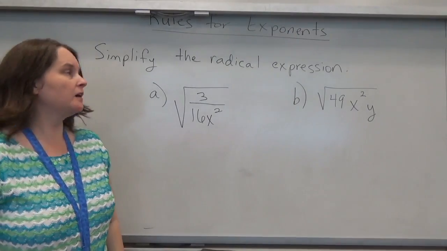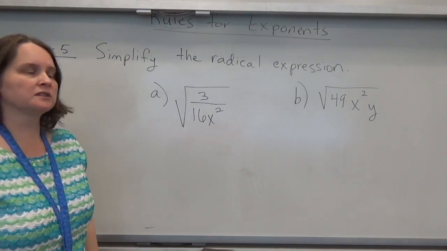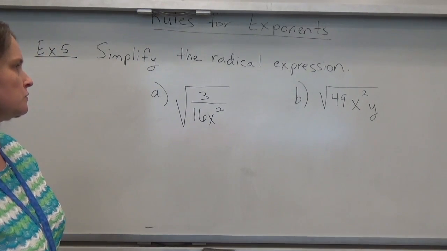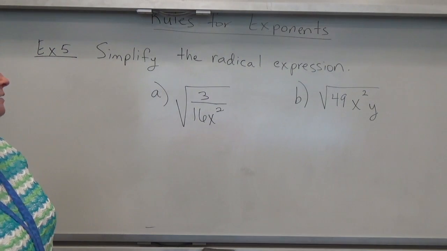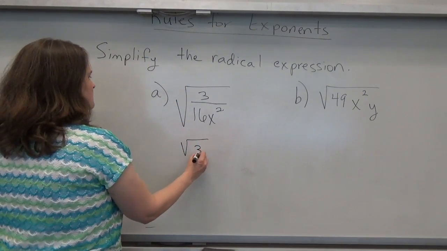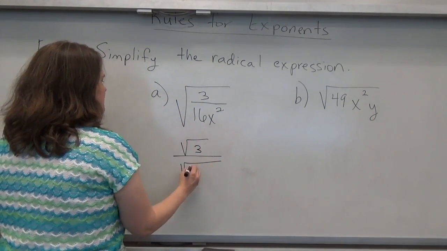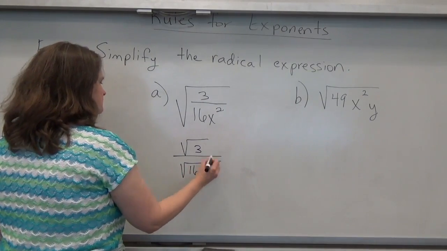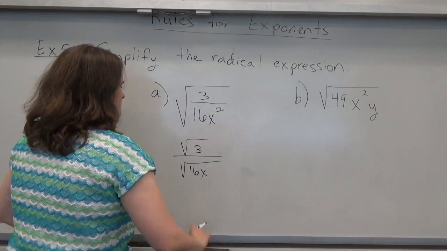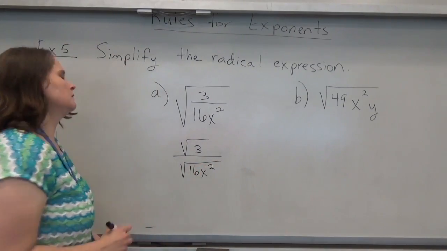So example 5, we're being asked to simplify the radical expression. We're going to be using the product and the quotient rules for radicals to help us with this. The first one, we can break this apart as the square root of 3 over the square root of 16x squared. Okay.